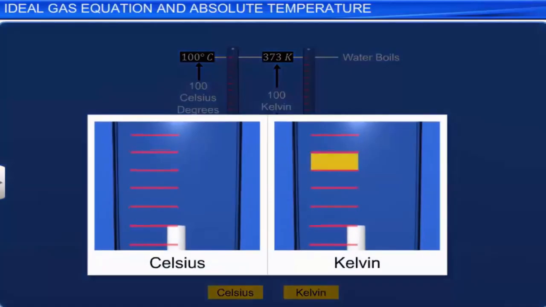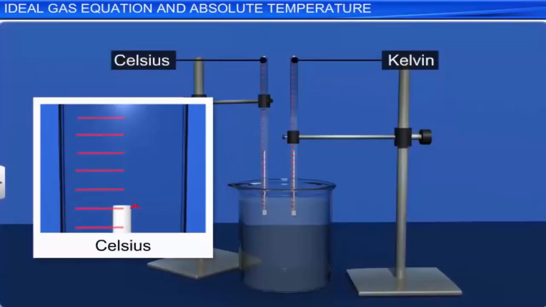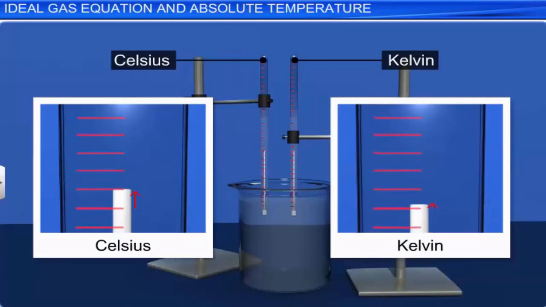The size of a degree on the Kelvin scale is identical to the size of a degree on the Celsius scale. For example, if the temperature of a body is increased by 1 degree centigrade, then the corresponding change on the absolute scale is 1 Kelvin.